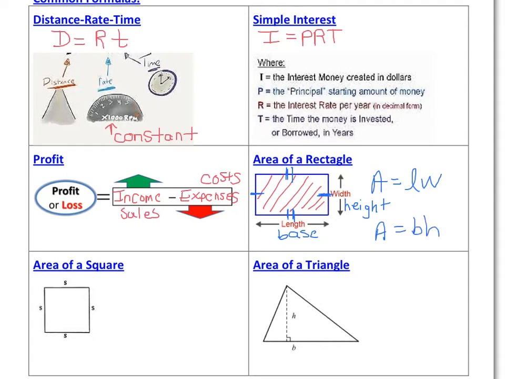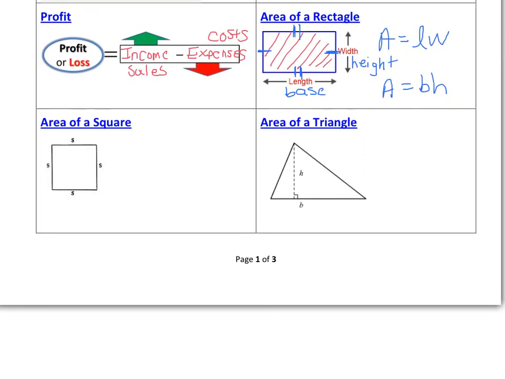Now, the area of a square is very similar. The area of a square is also the length times the height, the length times the width, or the base times the height. But in this case, a square has 4 equal side lengths.